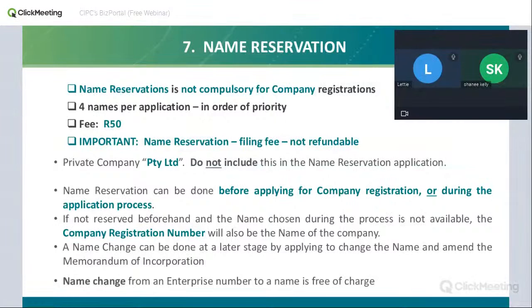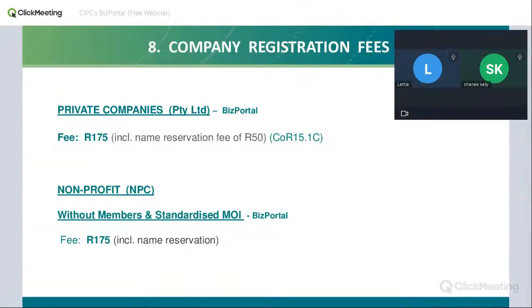A name change can be done at a later stage by applying to change the name and amend the Memorandum of Incorporation, that's the MOI. Name change from an enterprise number to a name is free of charge. See, we have a lot of free things on CIPC as well.